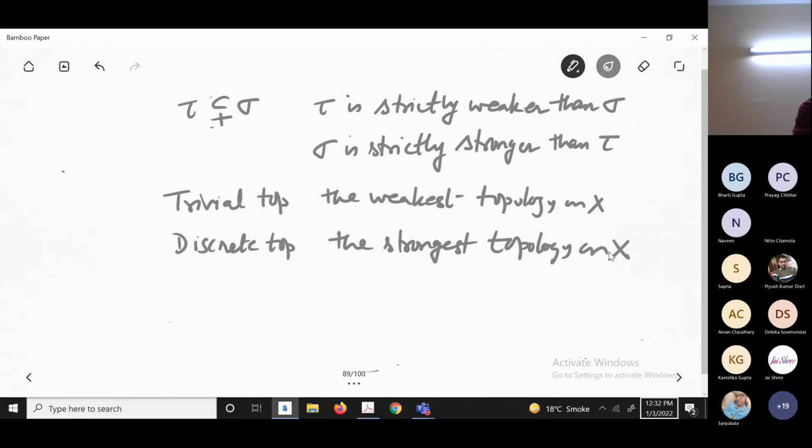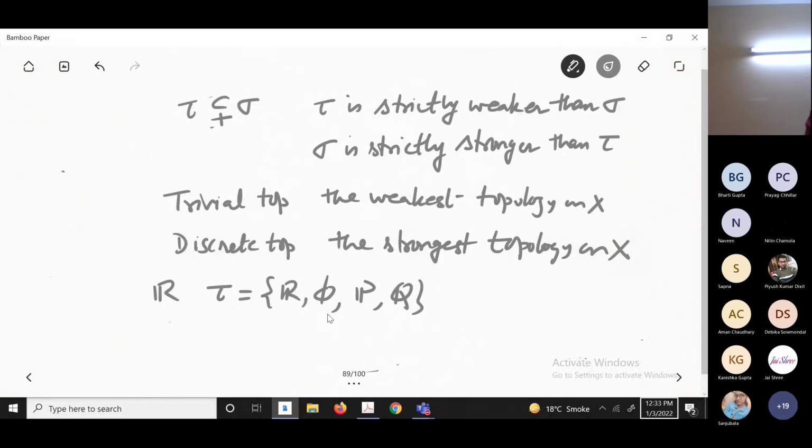But two topologies may not be comparable. Look at example 6, where I have asked the question: are the two topologies comparable? On R, you can have this kind of topology on any set actually: R, phi, the set of irrationals and its complement.